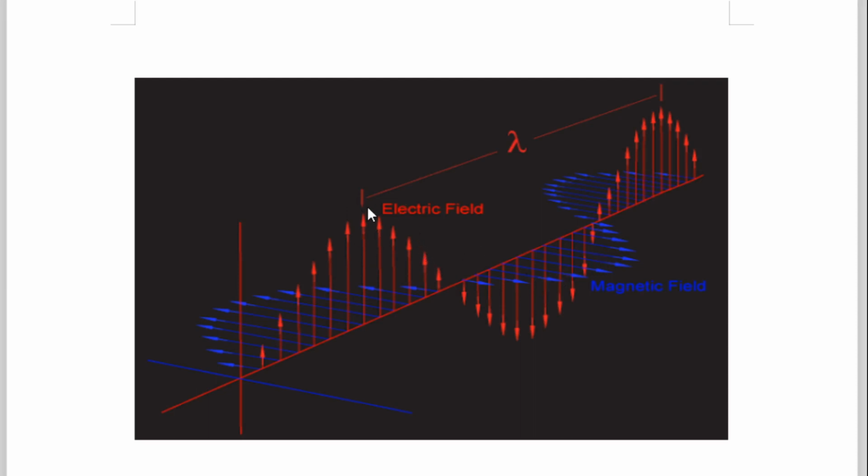And lambda is the distance between two adjacent positive peaks of the sine wave. This diagram shows that the electric and magnetic fields are perpendicular to each other, propagating in free space almost with the speed of light.